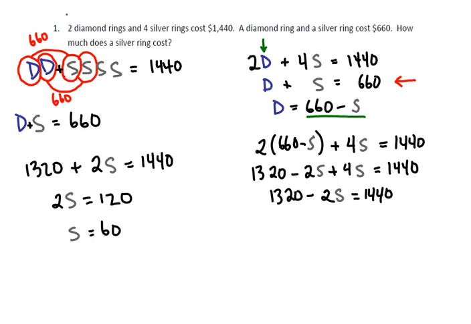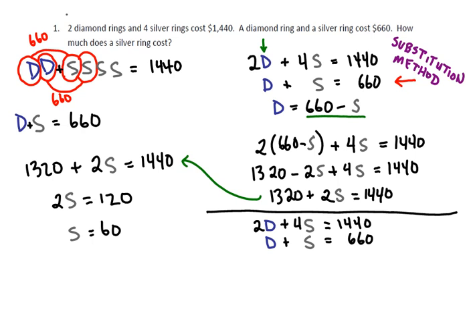And basically that's where we were in the previous method. You can see what happens: you subtract 1,320 from both sides, divide both sides by 2, and you end up with s equals 60. So this is what's called the substitution method.